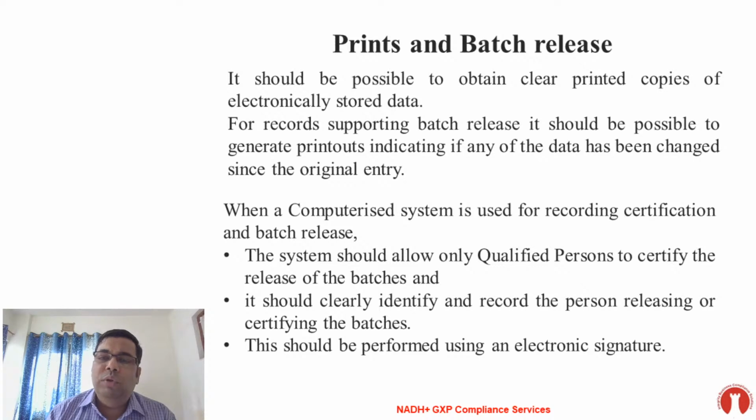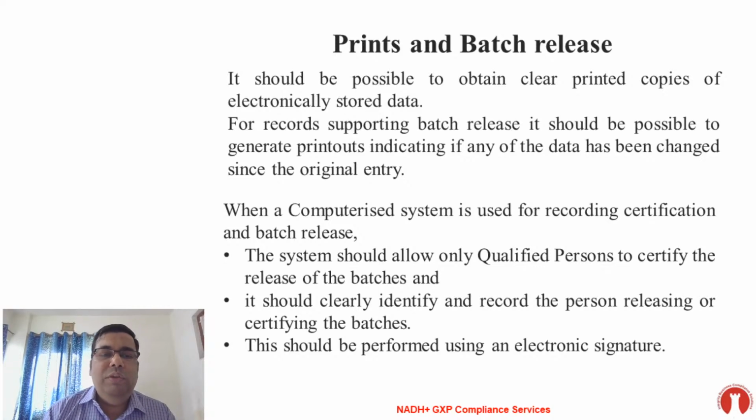This should be performed using an electronic signature. When the person is releasing the batch, it should ask, please confirm, do you want to release the batch, yes or no? If I put yes, then again I have to put my signature, so again I have to put my password.